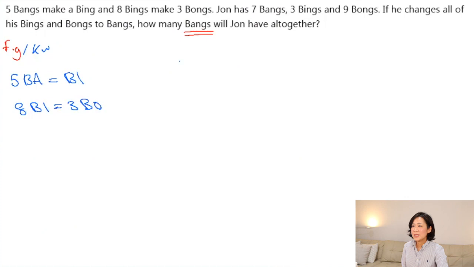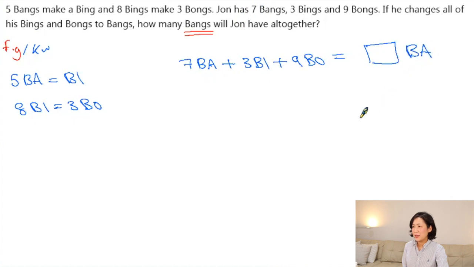Now John has 7 banks and 3 bins and 9 bongs all together. Our final goal is, when you add them all together, we need to find out how many banks all together.